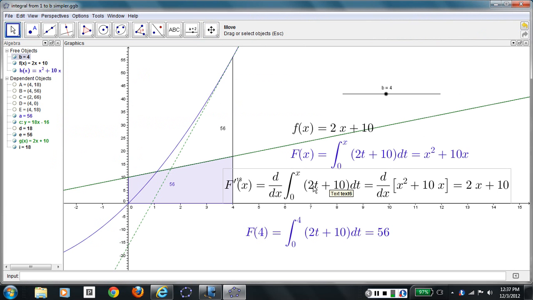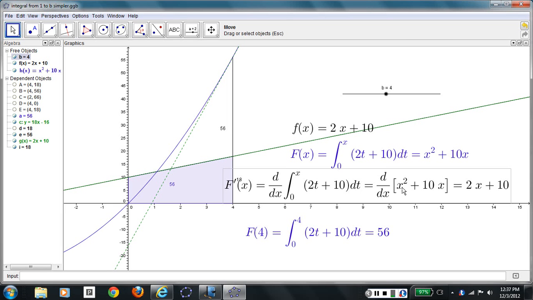I've left out a step. Basically, what I should have shown a little bit more of was that I found an antiderivative, t squared plus 10t. And then I substituted the x for the t, and I substituted the 0 for the t, and then subtracted.